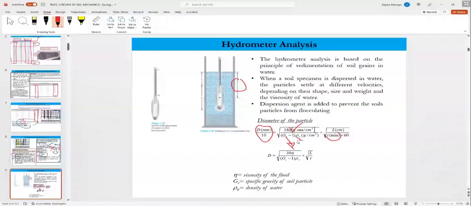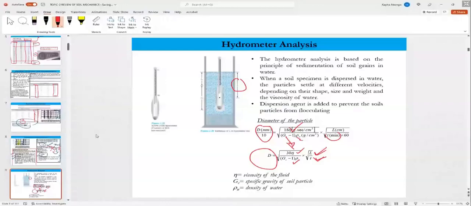So the particle size D times the viscosity over those constants relates to the length and the time it takes for that length to change. You are able to read the hydrometer at various times, and you are able to get the particle size distribution, joined together with the sieve analysis to form one large particle size distribution.